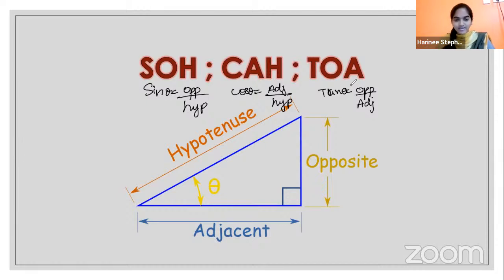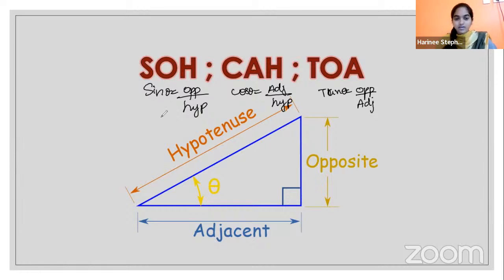So if in a right angle triangle we have three sides, how many such combinations can we make? How many ratios do we have? Opposite by adjacent, adjacent by opposite. Opposite by hypotenuse, hypotenuse by opposite. Adjacent by hypotenuse, hypotenuse by adjacent. So totally 6, right? And the other ones are just inverses of these.